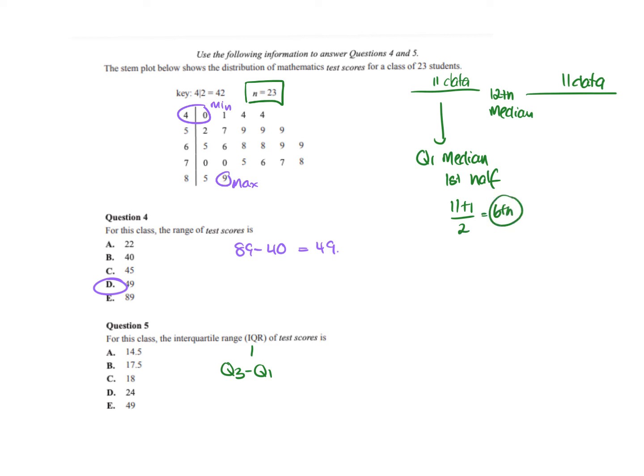We count in 6: 1, 2, 3, 4, 5, 6. So Q1 equals 57, and then to get Q3, we just go back 6: 1, 2, 3, 4, 5, 6, which is Q3 equals 75. So the interquartile range is 75 minus 57, which equals 18.